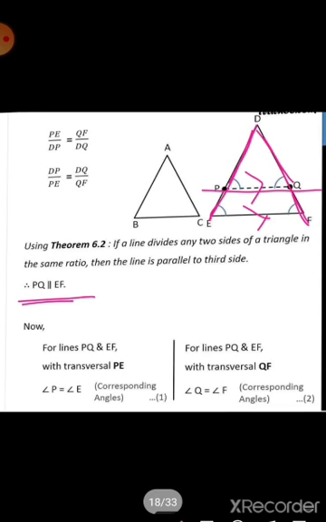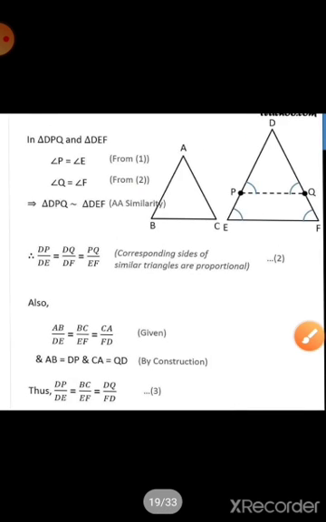Now, for lines PQ and EF with transversal PE, these two angles will be equal. By corresponding angles axiom, we can say that angle P is equal to angle E and angle Q is also equal to angle F, because these two lines are parallel and these will be transversals. Now, take triangles DPQ and DEF.